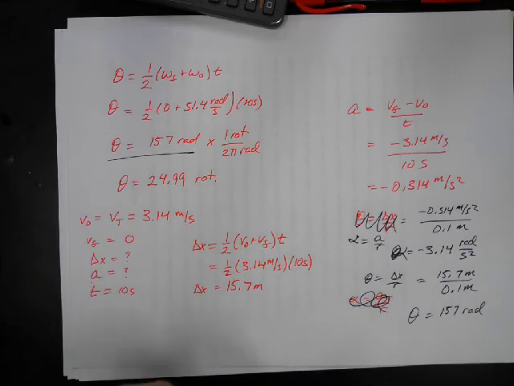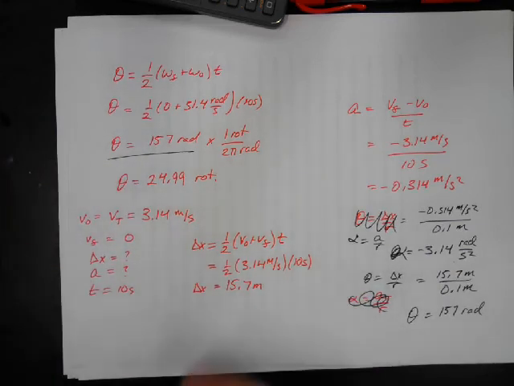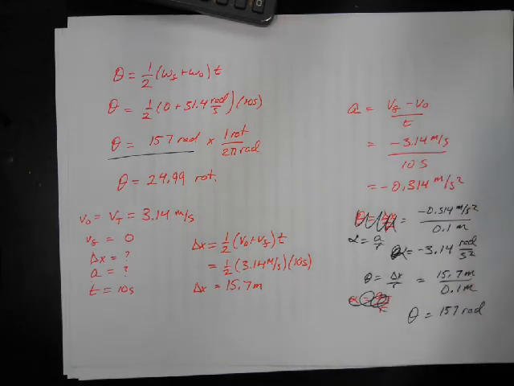And sometimes it's easier to go that way. Sometimes you know enough tangential variables that it's easier to translate the ones you don't know. And other times it's not. Other times you want to do everything angular. But I wanted to show you both versions of that.